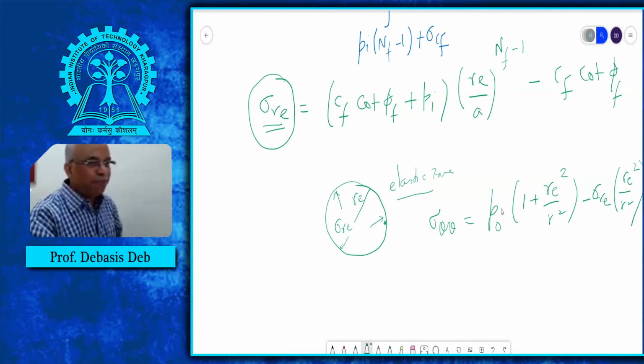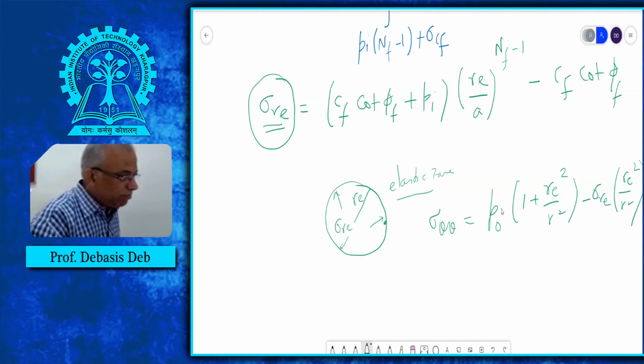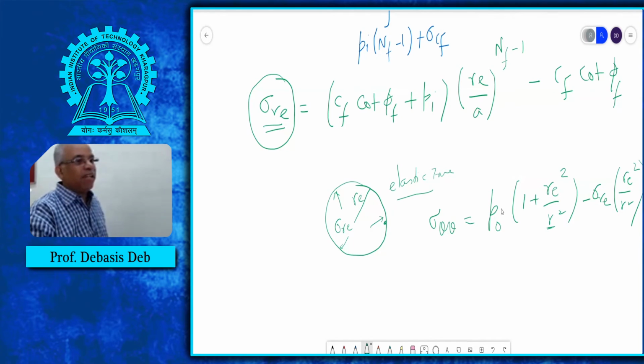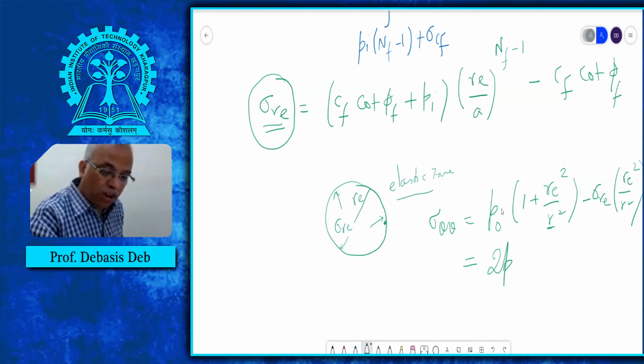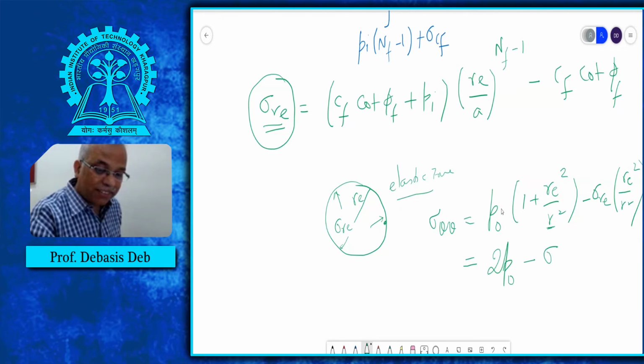If you apply it there, you will get an equation something like this, the sigma theta equation. So right at the boundary, when R equals RE, we will get 2 P naught minus sigma RE.